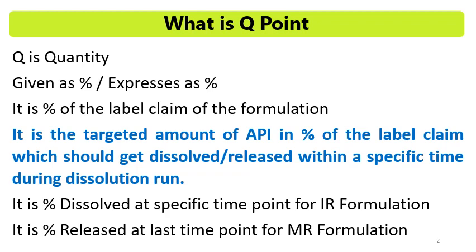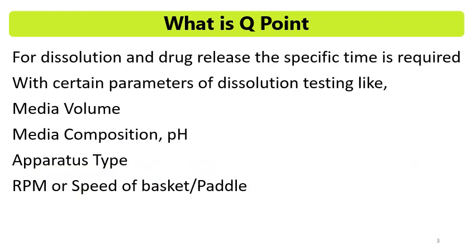So for Q point, you should consider it is the percentage of the API or drug substance released within a specific time point. For dissolution and drug release, the specific time is required with certain parameters of dissolution testing.